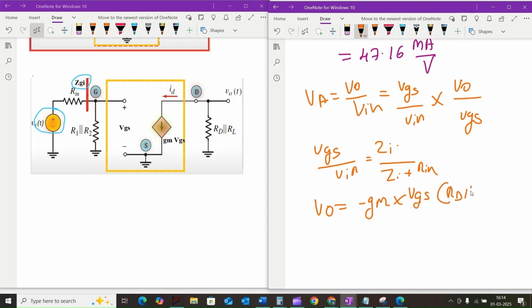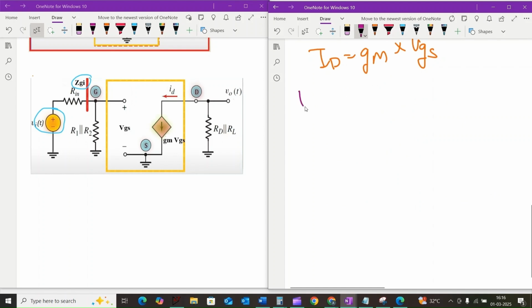into RD parallel to RL, because we are measuring the voltage between node D and the ground, and the current has to flow from node D to the ground, but in this case the ID will flow in the reverse direction, so we have considered minus GM here, and the drain current ID is equal to GM into VGS.